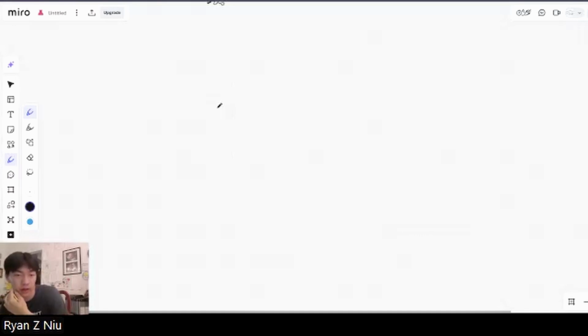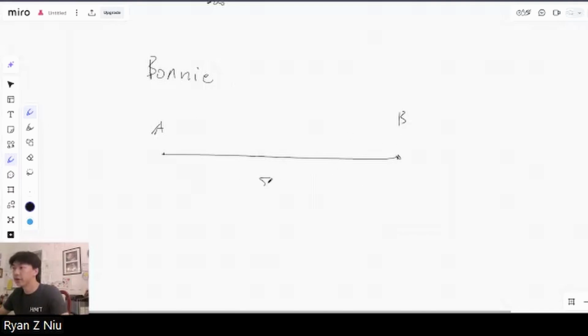Okay, here is another problem. There's a lot of specifics here that don't really matter, so I'm just going to say Bonnie is on the road from point A to point B, very generic. And this stretch of road is 50 miles. So she goes from A to B averaging 60 miles per hour.